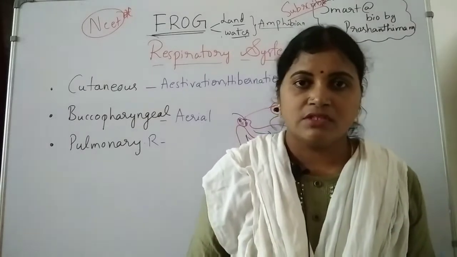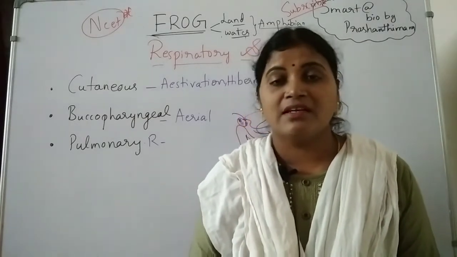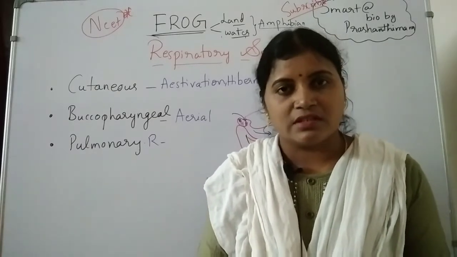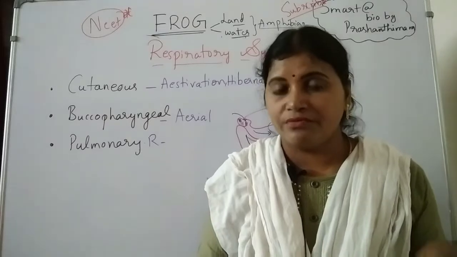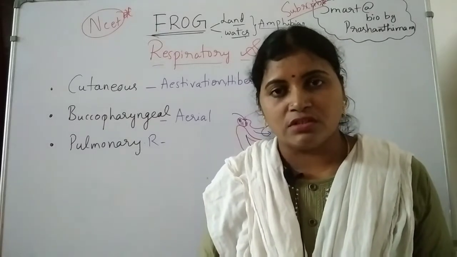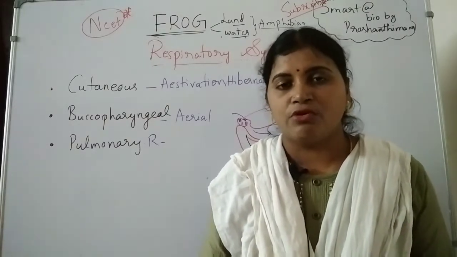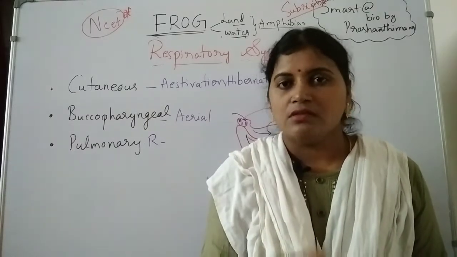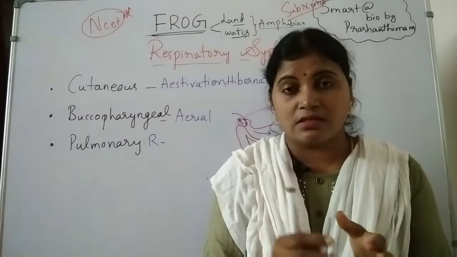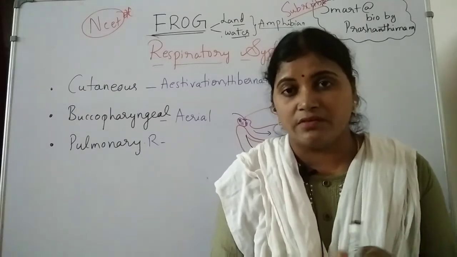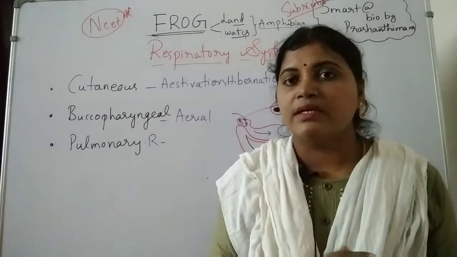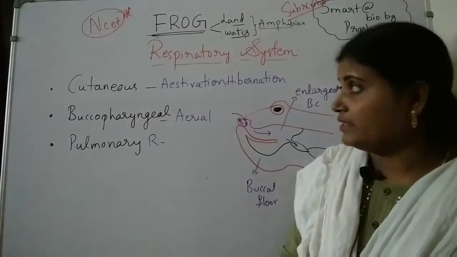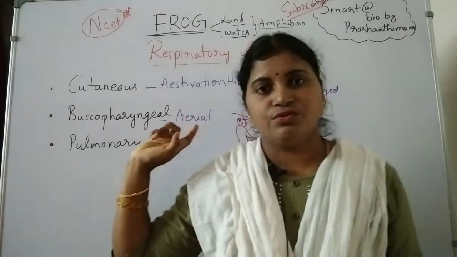But where does the body get energy during this time? It is going to store the energy in the form of glycogen and fat bodies. From the glycogen and fat bodies it takes the energy and expends it at very minute levels, so that it is able to survive during that period. In that period the cutaneous respiration takes place.